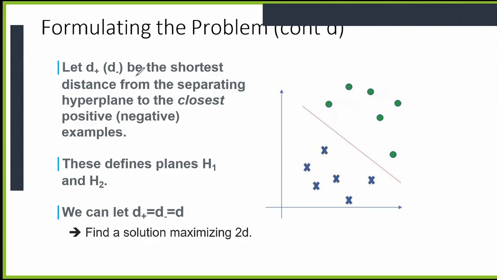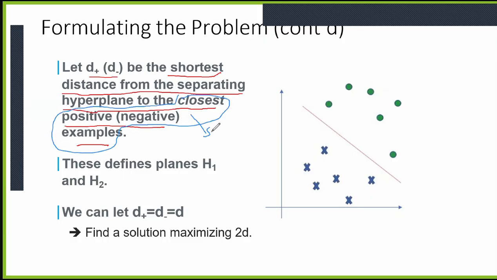We understand that the shortest distance from the separating hyperplane to the closest positive or negative example is defined by the support vectors, and the shortest distances are the margins. This is the margin to the positive side, and this is the margin to the negative side.